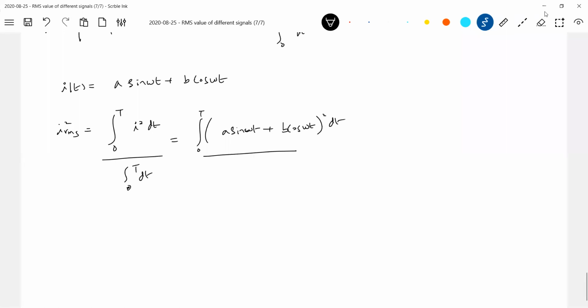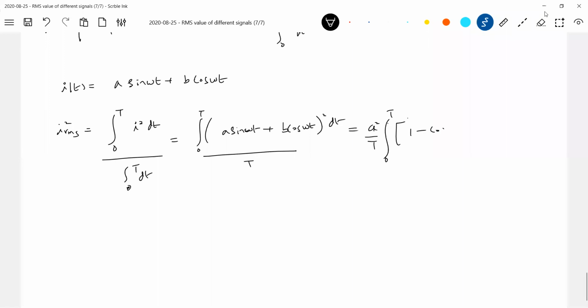Integral of dt will be t. So this should be equal to a square sine square omega t. We'll do one thing, the overall integral we will take outside, 1 by T. Then a square, individual function, let me explain.